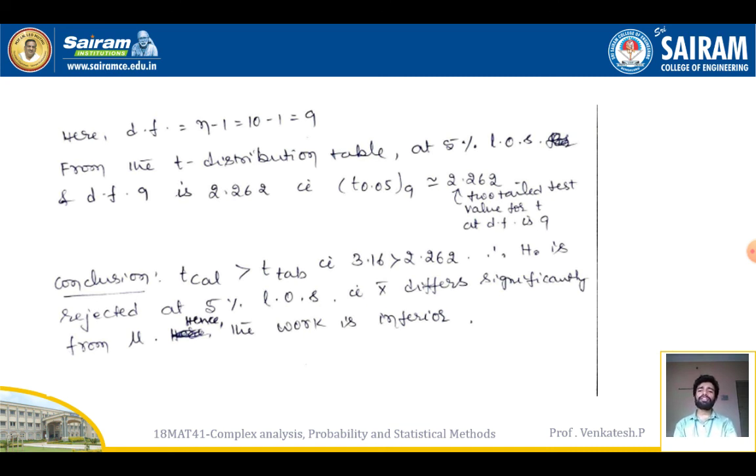So the t calculated value is greater than the t tabulated value, that is 3.16 is greater than 2.262. Here the null hypothesis H0 cannot be accepted at 5% level of significance, so we conclude that x bar differs significantly from the actual mu. Hence the work is inferior.